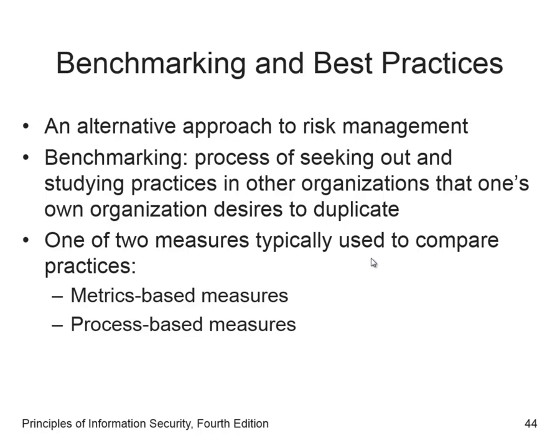For the metrics based measures, it's comparisons based on numerical standards such as numbers of successful attacks, the staff hours spent on system protection, the dollars spent on protection, numbers of security personnel, estimated losses in dollars of information due to successful attacks, loss in productivity hours associated with successful attacks.